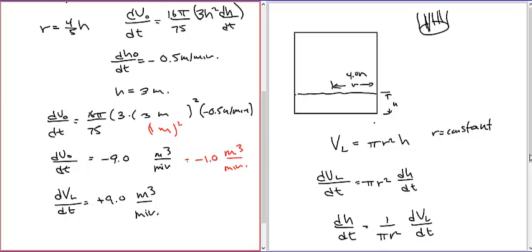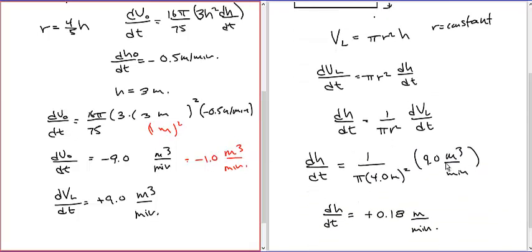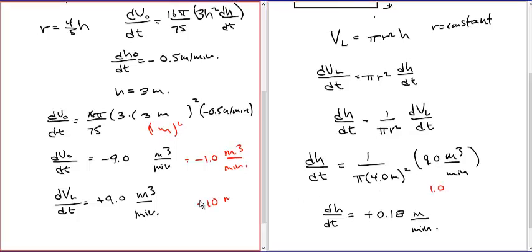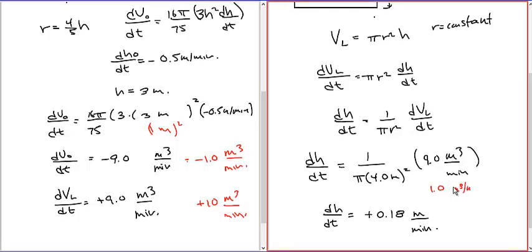So now you come over to this cylinder, and the only thing that changes is this, because this becomes positive 1.0 meters cubed per minute going in. And so this is going to be reduced by a factor of 9.